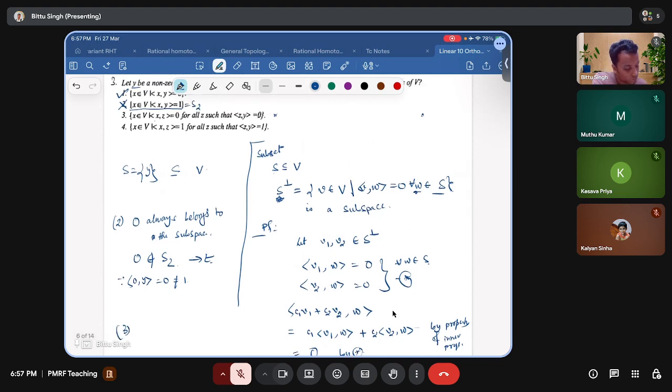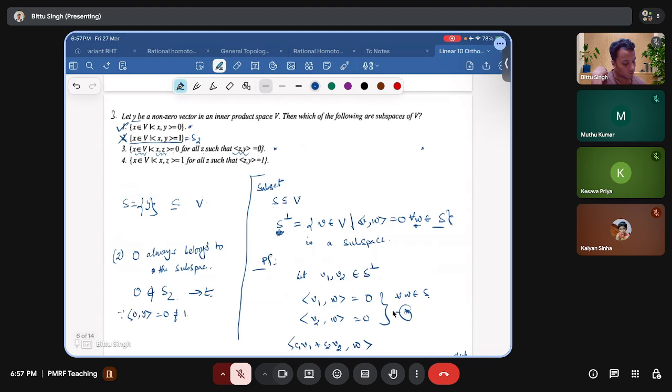Now for 3, you can see that we are taking all those x such that x inner product with z is 0 for all z such that z inner product y is 0. So we are taking z from which set?